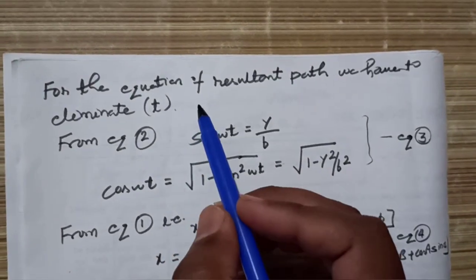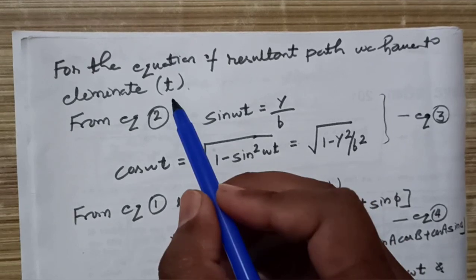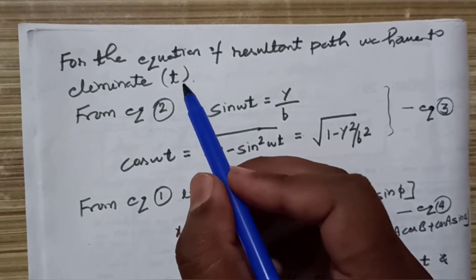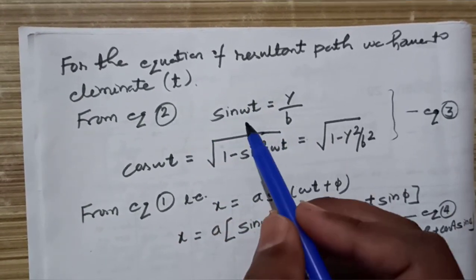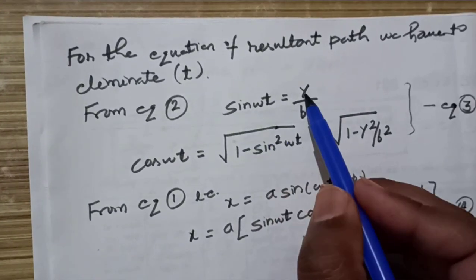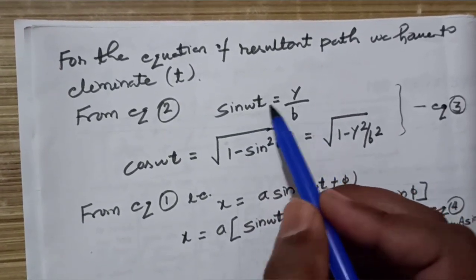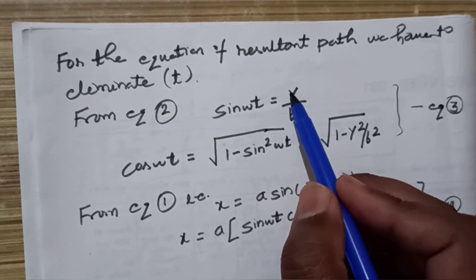So in these two equations, we have to eliminate t for the resultant path. From equation 2, y equals b sin omega t, so we can write sin omega t equals y upon b.